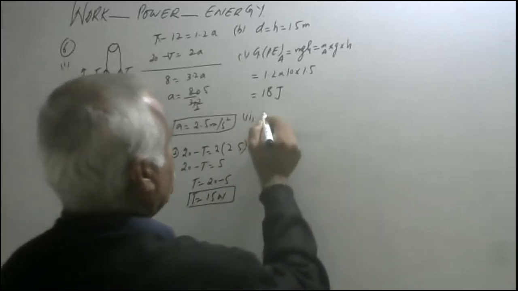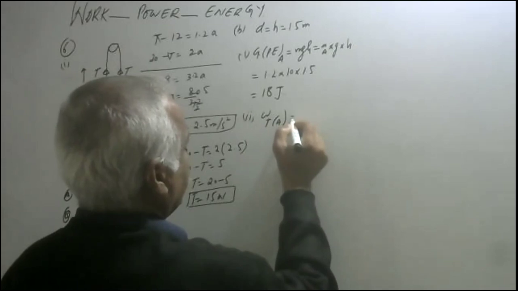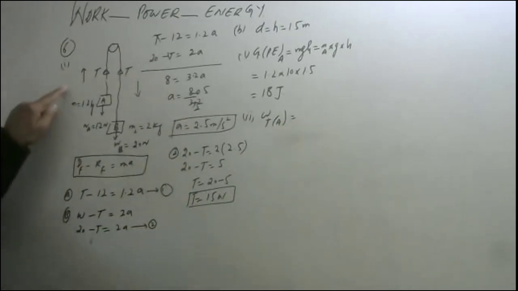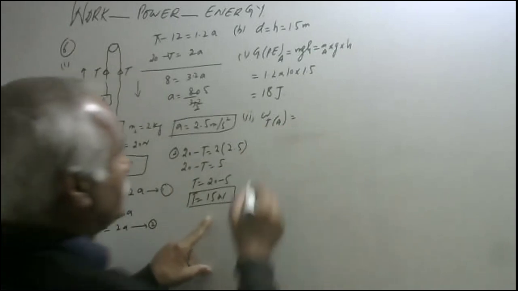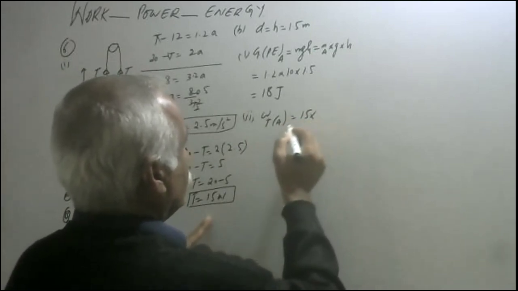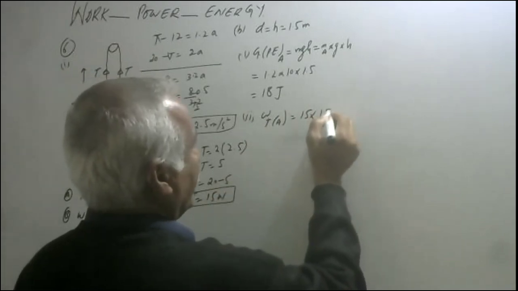Work done by the tension of the string A there. Because tension in the string is T, and that thing is equal to 15 into height, which is 1.5.